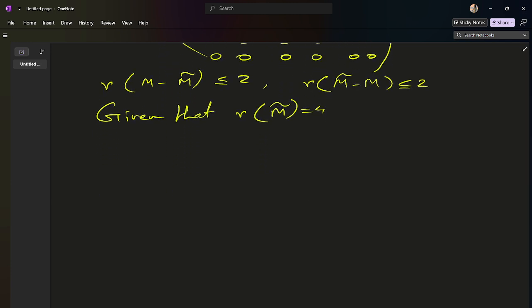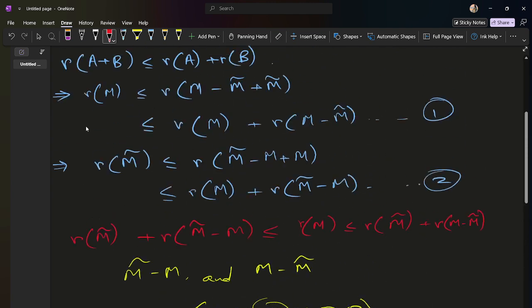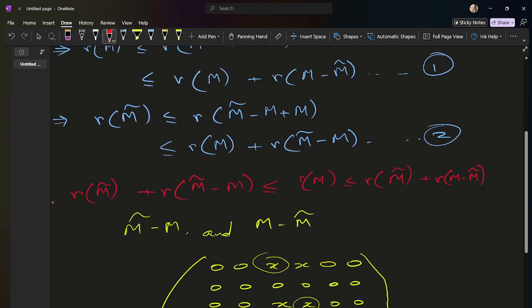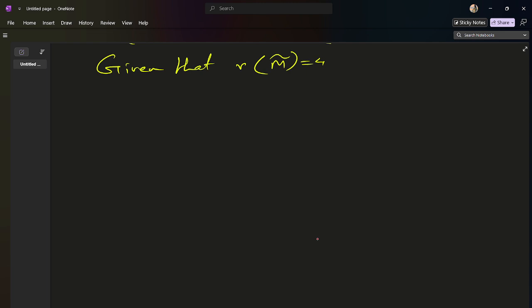Then by using the previous conditions, we can write that 4 minus 2, so that will be 2, and so rank of M belongs to 2 to 6.